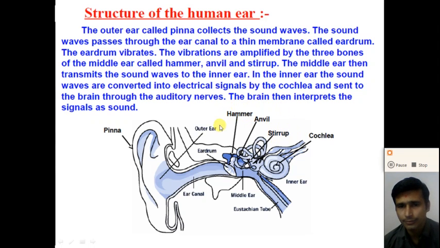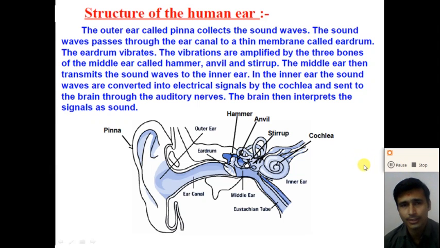This amplified sound wave is transmitted to the inner ear. In the inner ear, the cochlea is there. The cochlea converts the sound wave into an electrical signal, right, and this electrical signal is then passed to the brain through the auditory nerves, right? The brain interprets and analyzes the signal as a sound wave and we can hear the sound, right?